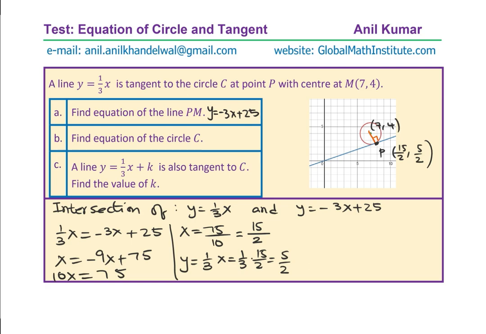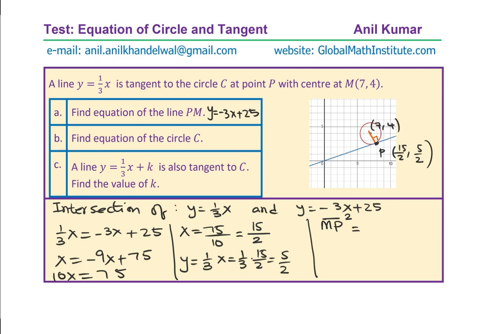So we get x and y coordinates for this particular case. You need to find the equation of the circle. To find the equation of the circle, let's find the distance, which becomes the radius, right? The radius is the distance from M to P. Let me find the square of that, since in the equation we write r square.